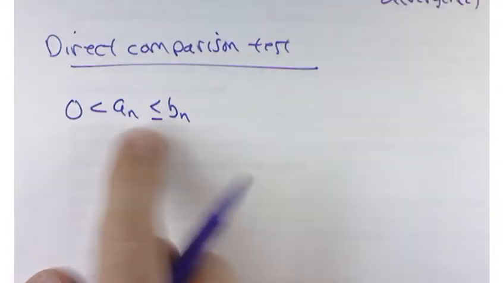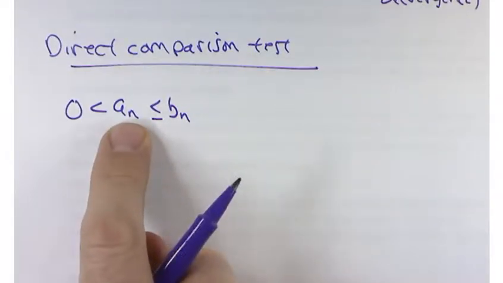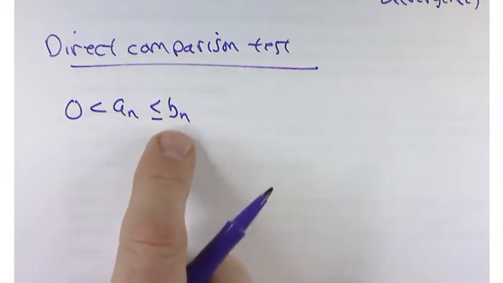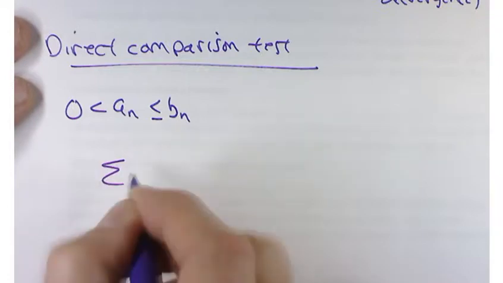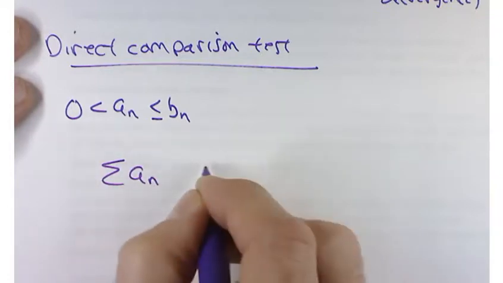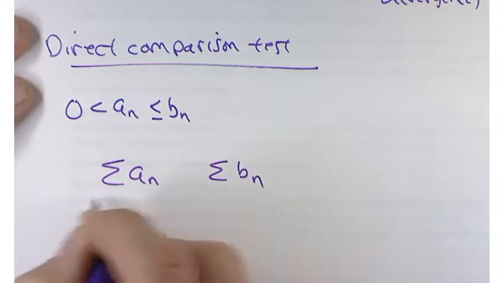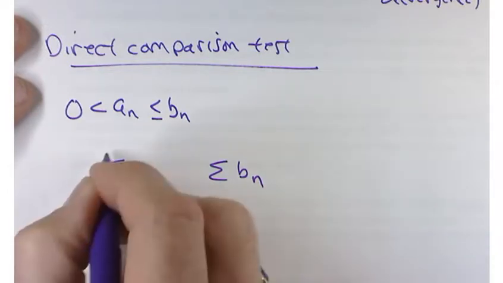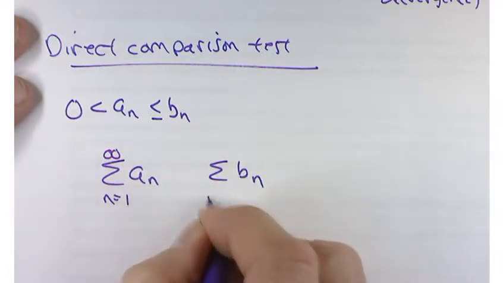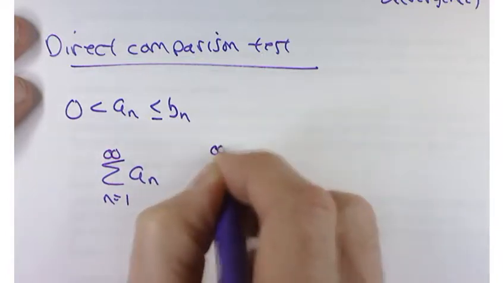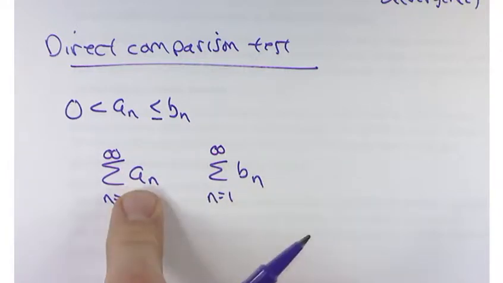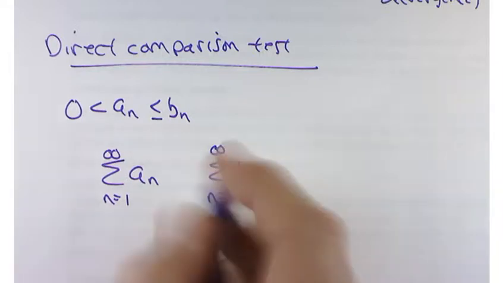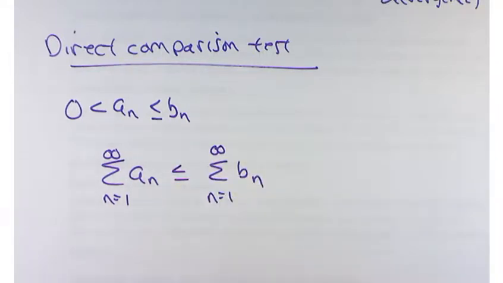Now, if you've got a series made up of these kinds of terms, positive terms that are always no larger than b sub n, then let's look at these series: the sum from n equals 1, or whatever finite number you want, to infinity of a sub n and b sub n. These series have to inherit that inequality. If this is always less than or equal to this, then the infinite sum has to be less than or equal to this.